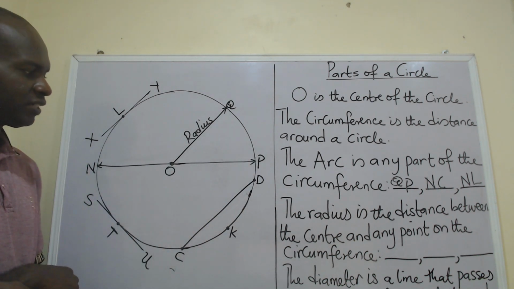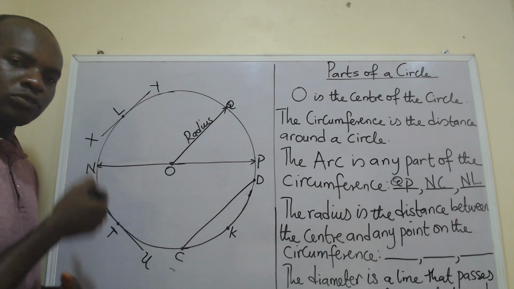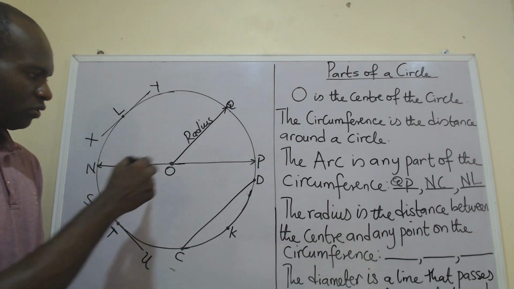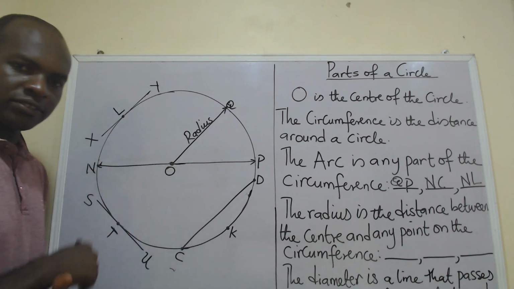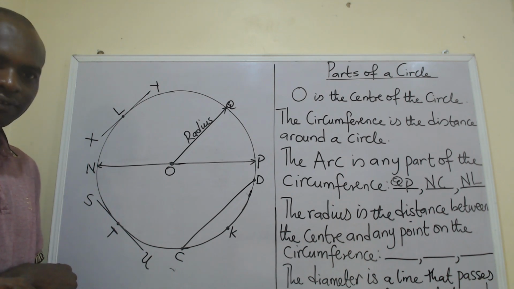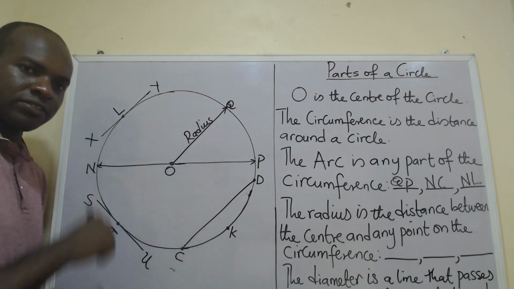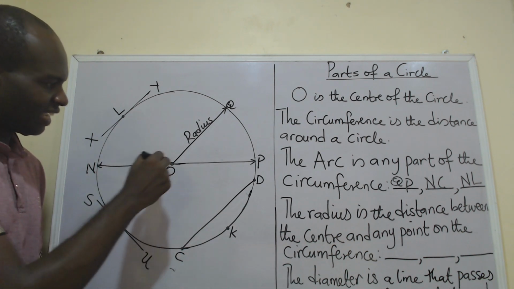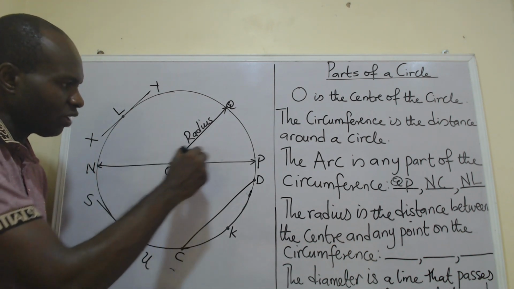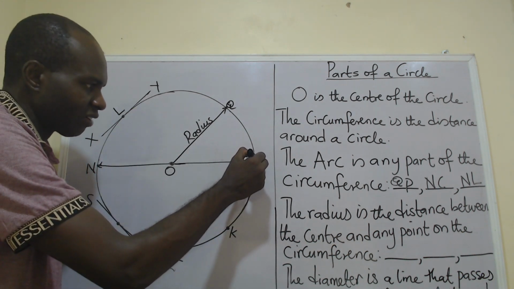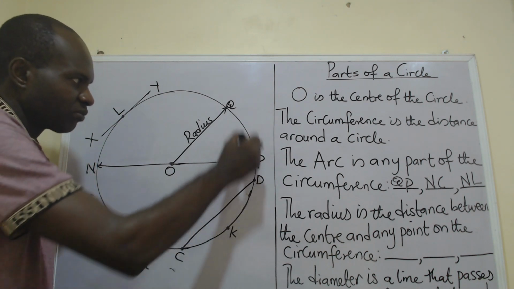OP is a radius. ON is also a radius. OC is a radius. Can you spot any other one? This point L, OL is a radius. The distance from the center of the circle to any point on this circumference, this curve that forms the circle, is the radius.